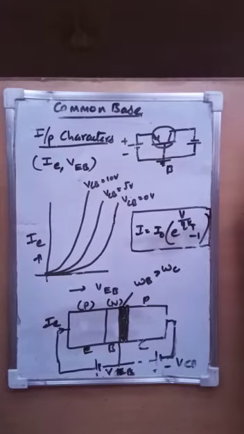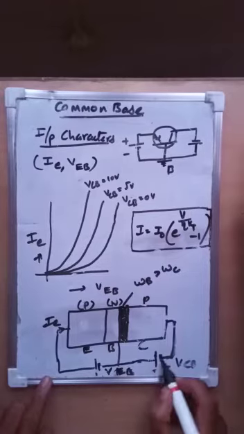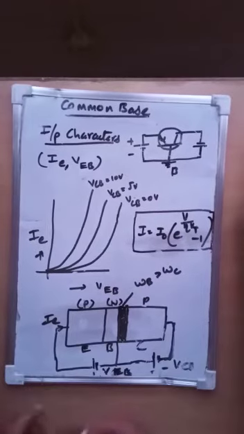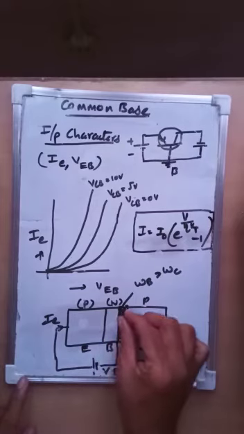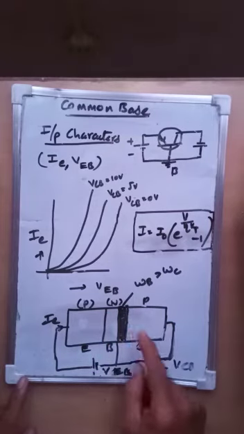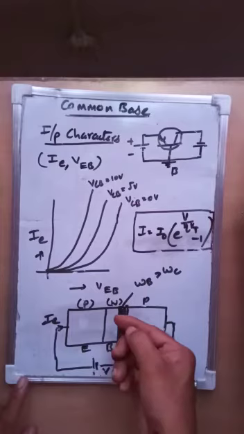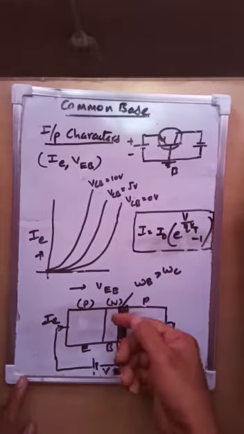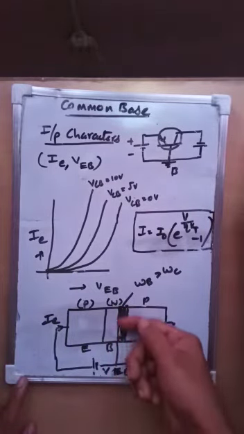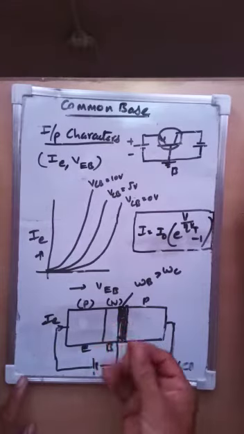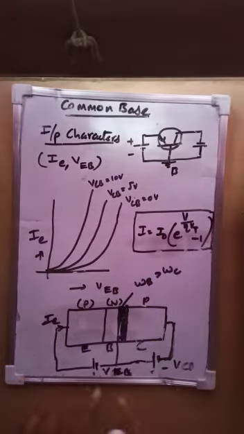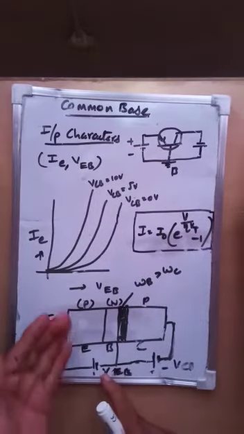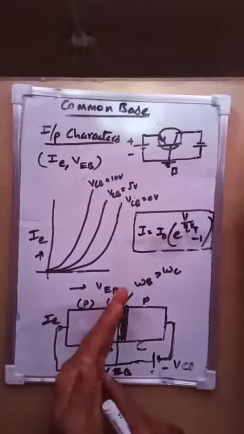So what will happen? Initially we have 5 electrons, but due to neutralization by giving a reverse voltage, assume that instead of 5, 2 are neutralized in the depletion width. So only 3 electrons are available here. Then 20 holes are coming into this.